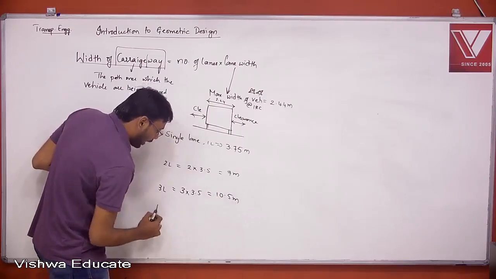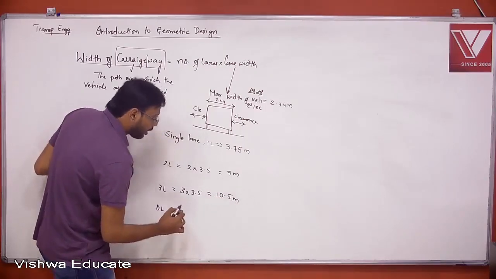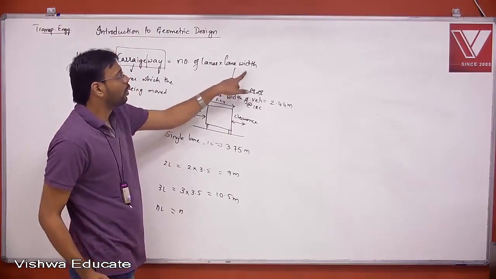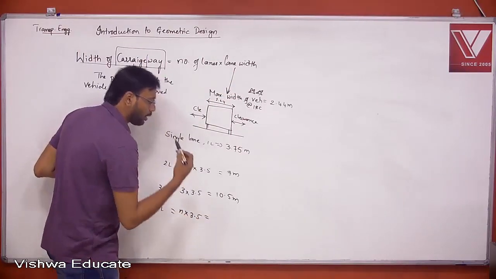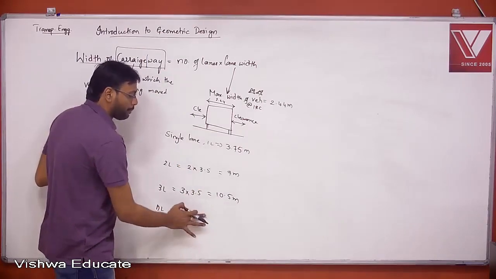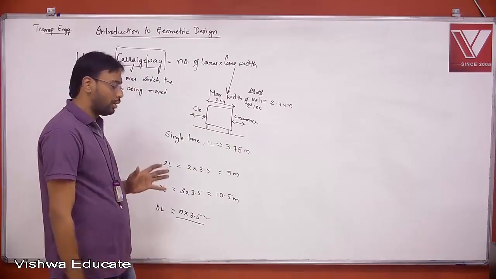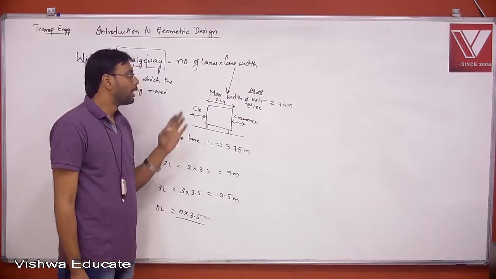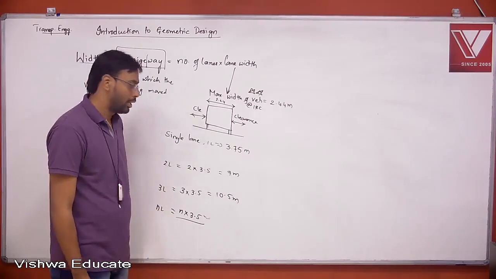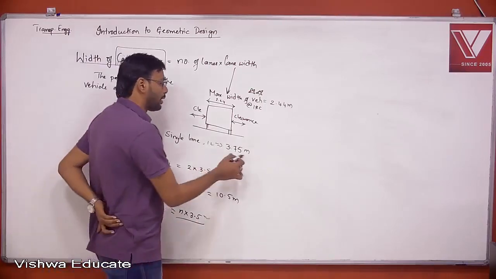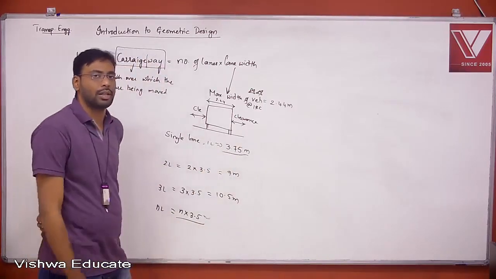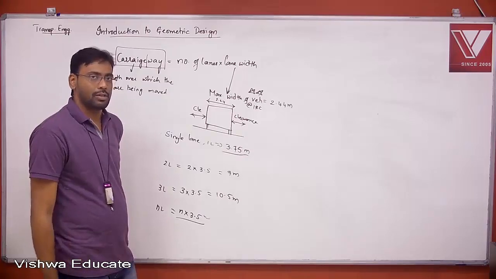So if n number of lanes are there, it is number of lanes into lane width. That is how you will get the total width of the road. And if anybody asks you the width of a single lane road, then it is 3.75 meters.